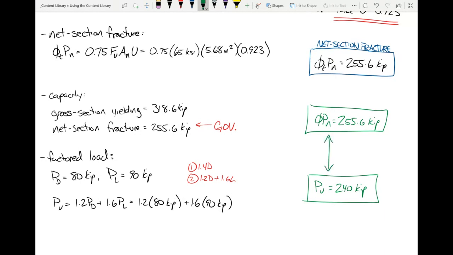What does that mean? I want to know what this means. We have a resistance of 255.6 kips and a load of 240 kips.